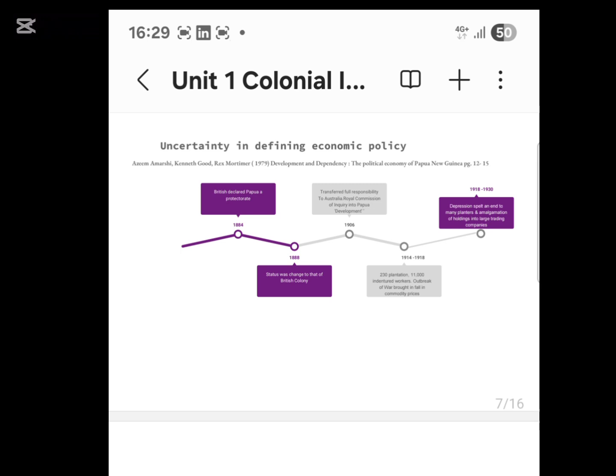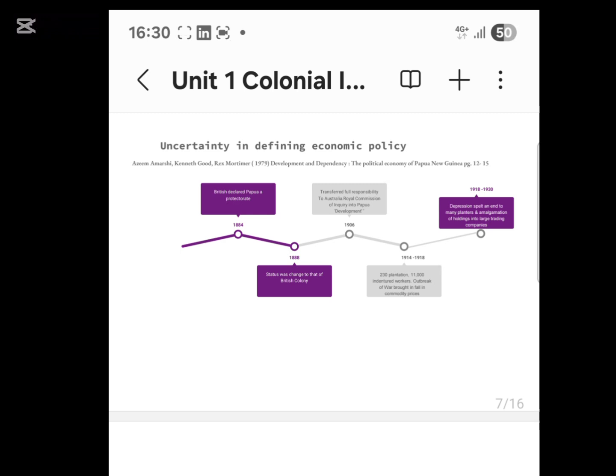From 1888 to 1906, the British transferred full responsibility for the Papua Colony to Australia, following a Royal Commission of Inquiry into Papua development. So by 1906, Australia took over the role of taking care of Papua from Britain.